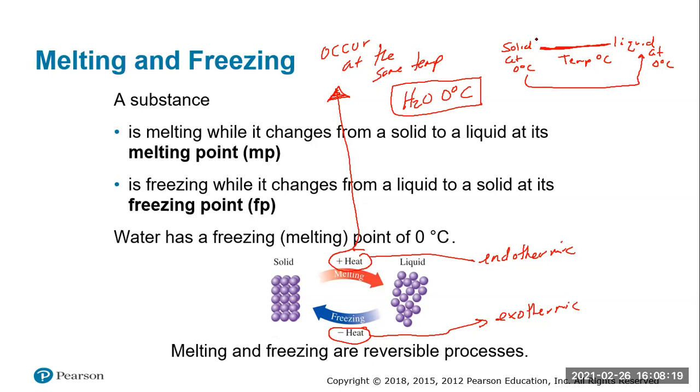If you want to think about water, you've got some solid, you've got some liquid. Not until you get a little bit above 0 degrees Celsius do you get liquid water, and not until you get a little bit below 0 degrees Celsius do you get solid. So right there, as a sort of plateau, we'll see a graph right here in a second. That's exactly when that occurs.